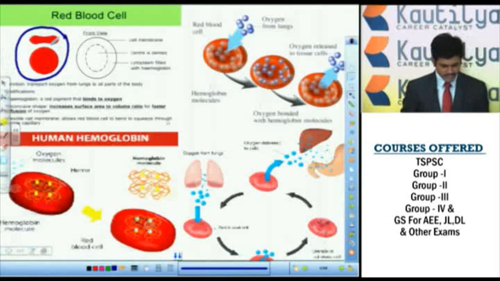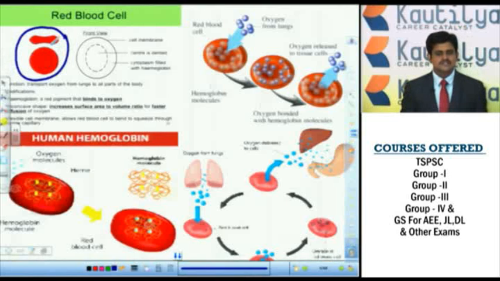And what is the use of RBC? RBC helps in transportation of oxygen from the lungs to different parts of the body, which helps in the production of energy, as we discussed in the respiration topic.